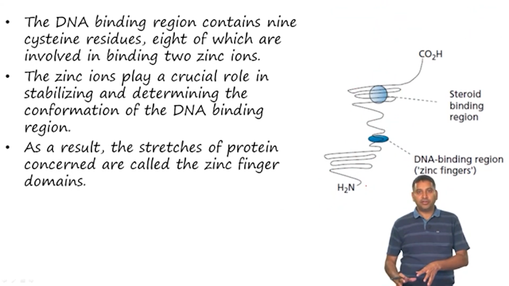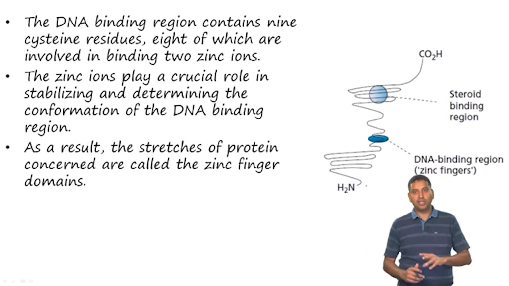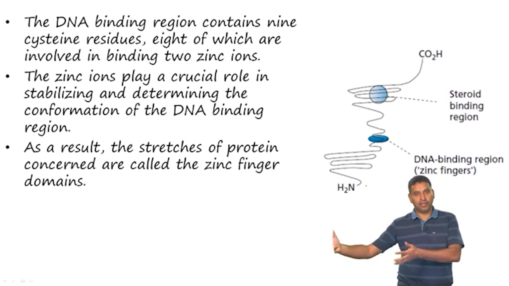The DNA binding region contains 9 cysteine residues, 8 of which are involved in binding 2 zinc ions. Zinc ions play a very crucial role in stabilizing and determining the conformation of the DNA binding region. So, this protein has to bind to specific stretches of DNA.